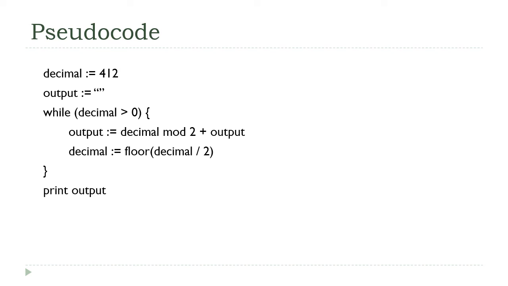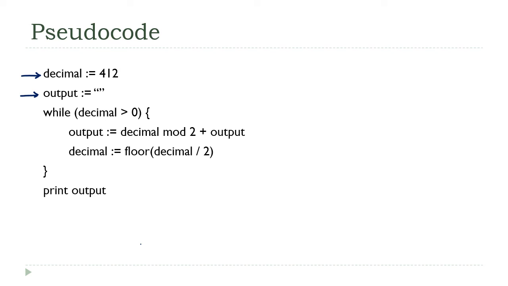First, I initialized the decimal variable here, and that's the number that we've actually been asked to convert to binary. Then I initialized this output variable. That variable is what's going to end up holding our final result when we get to the end of this.